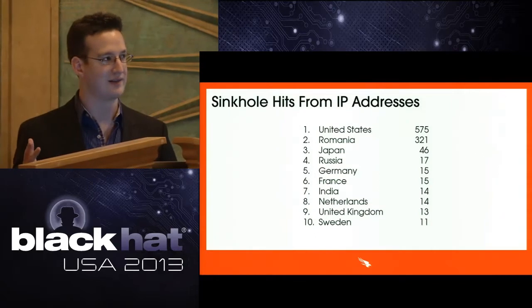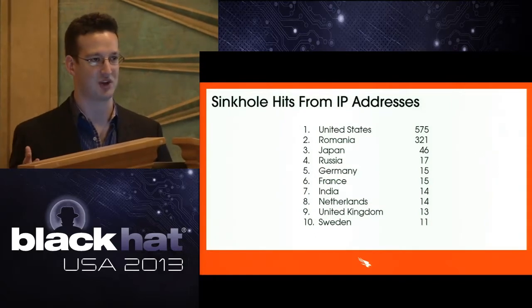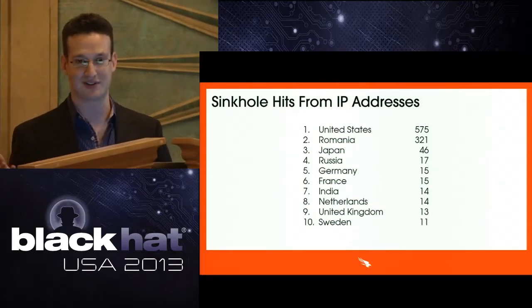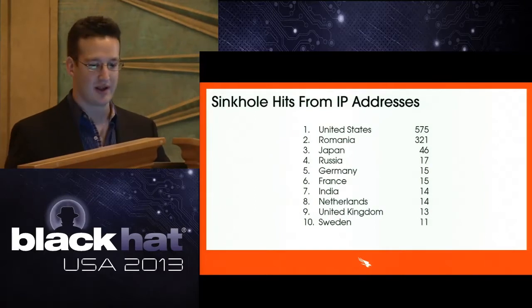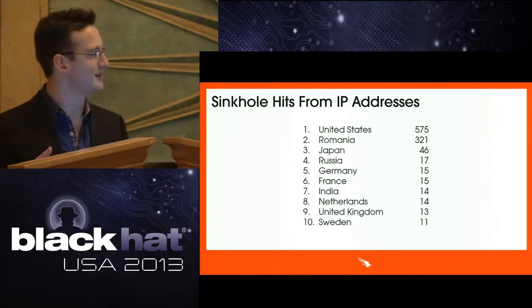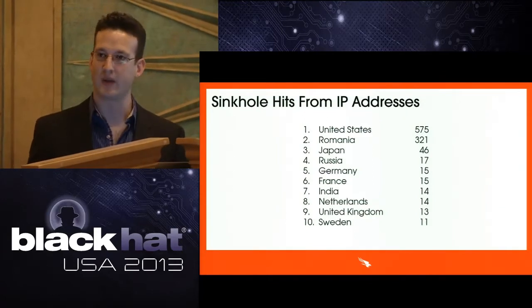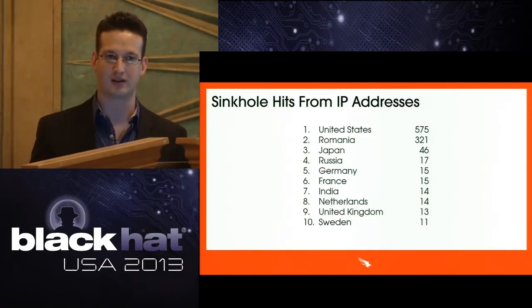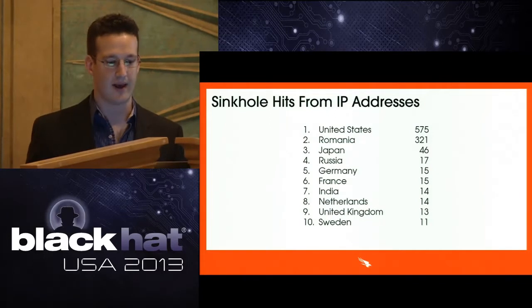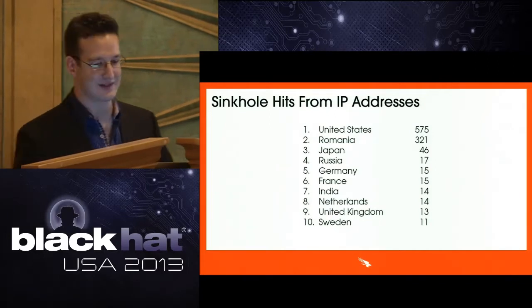And Romania does definitely not have the second highest population of people or computers in the world. So this would further suggest that the malware author might be living in Romania, or maybe the initial targets were Romanian targets, but certainly is an interesting piece of data.